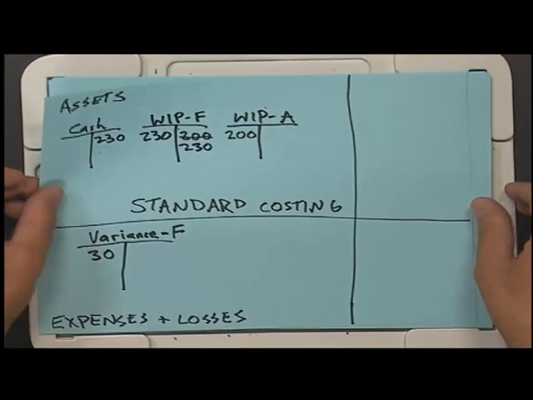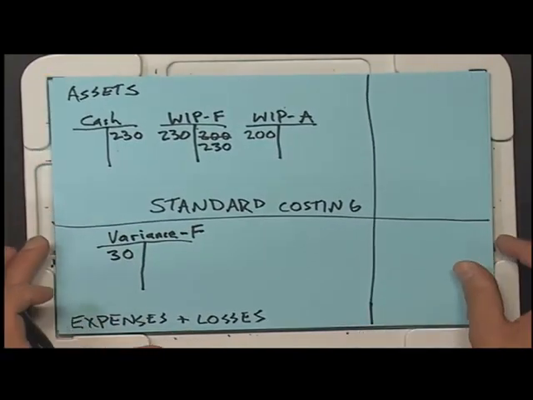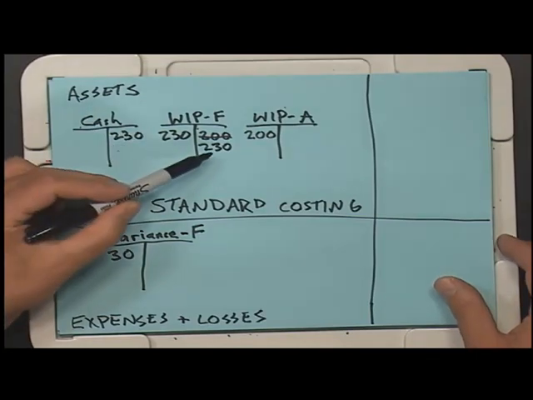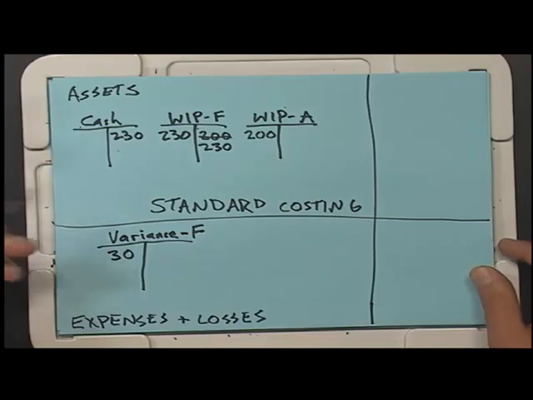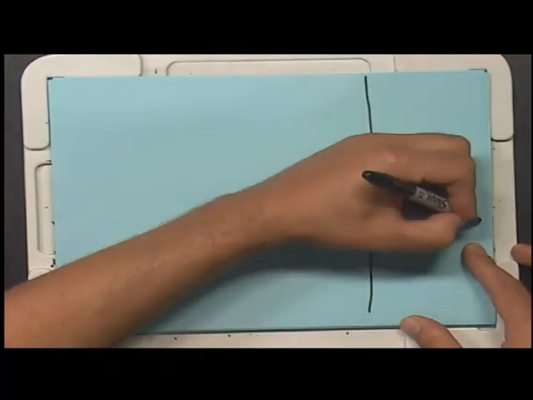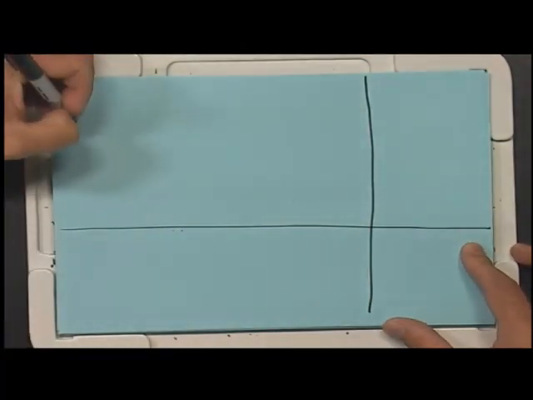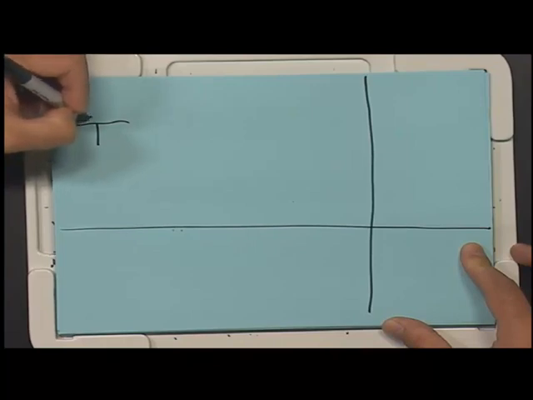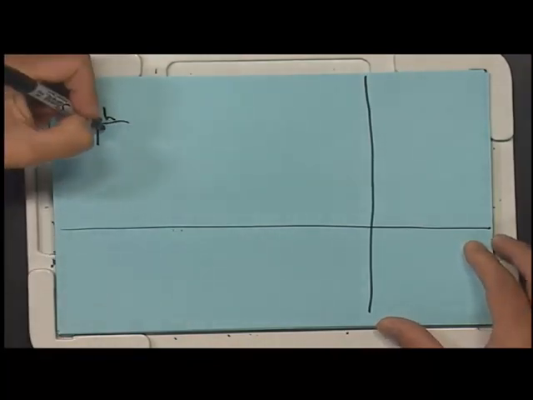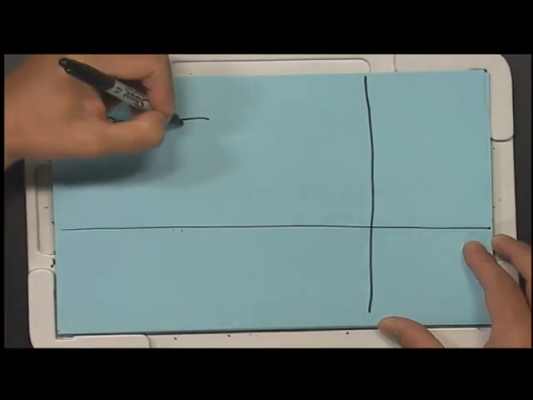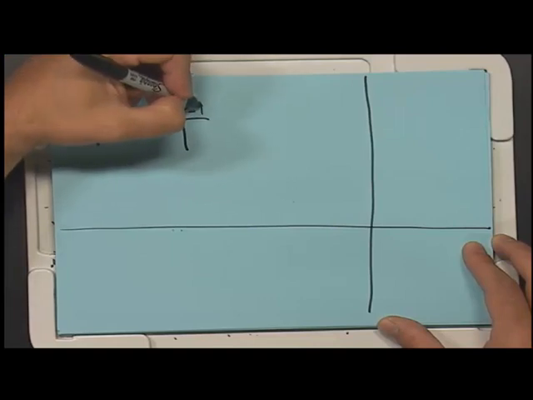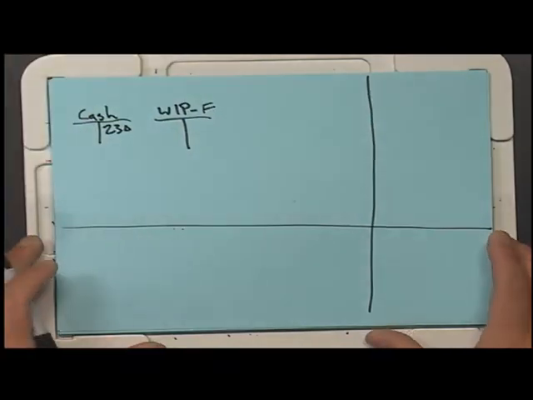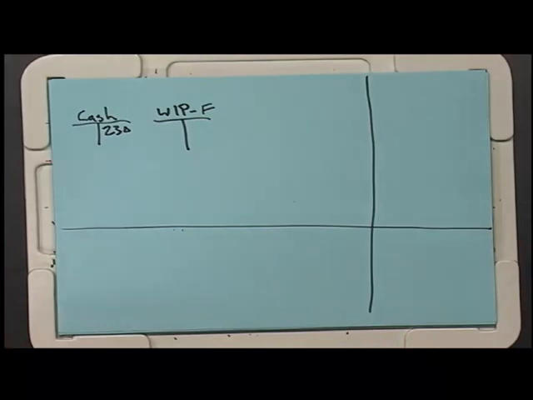We can improve on this standard costing method a little bit just by recognizing this $30 variance, this $30 reduction in wealth, more rapidly. So let's start over, and we're going to do almost exactly the same thing. We have spent our $230, but now when it comes time to put that $230 into our fabricating work in process, we can say, whoa, hold on.